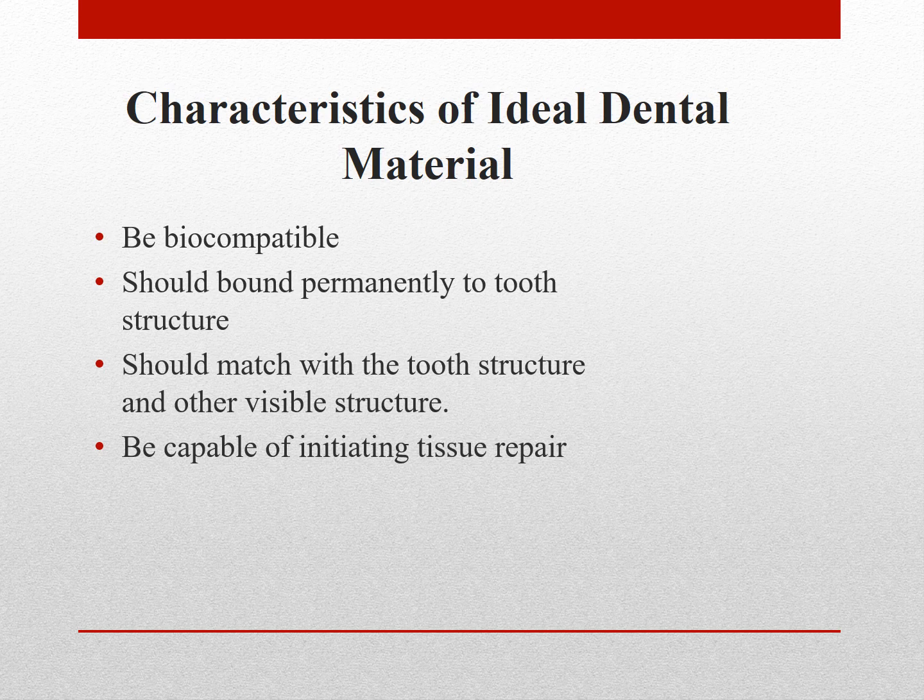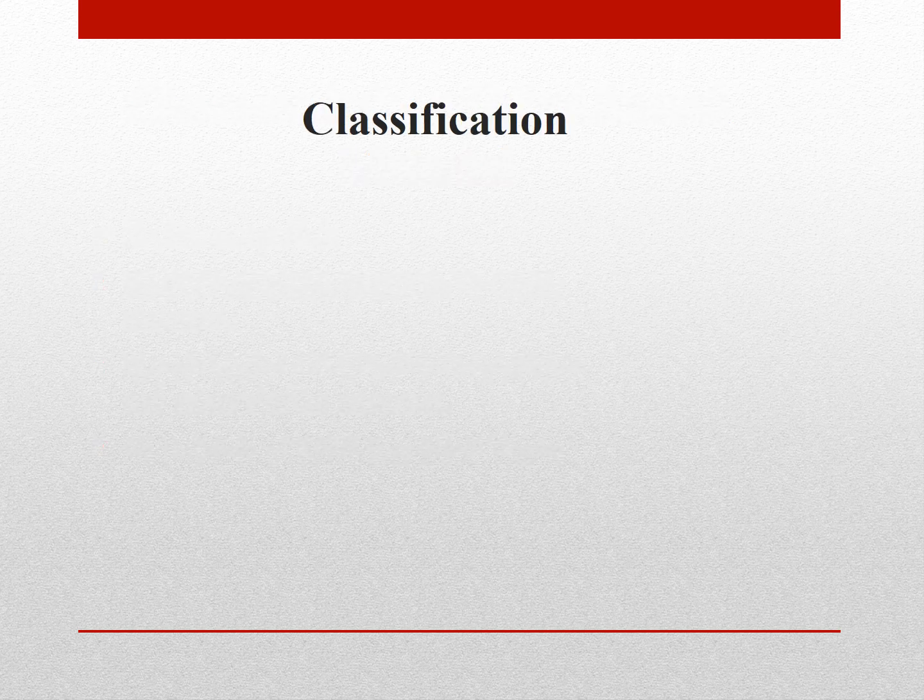Same thing, if a material which we are using outside for making a cast is not biocompatible, even then we can use it for fabricating the cast, as long as we are not using that material in the mouth. Same thing, not every material can be used for tissue repair. Only the cements and the linings have this property. That is the reason they are used as liners and cements. Is everybody following me, everybody with me?